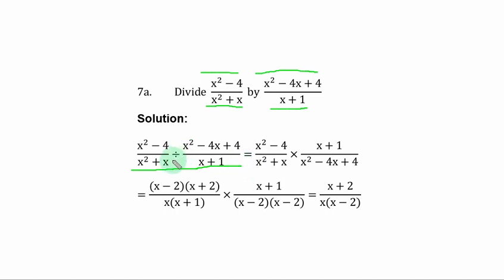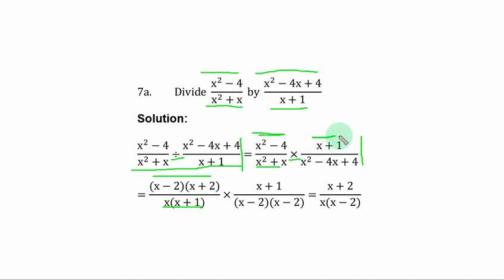We need to change the division sign to multiplication. As that is going on, you invert this fraction to this form. By difference of two squares, if you factorize this, you get this. If you factor out s from here, you get this result.